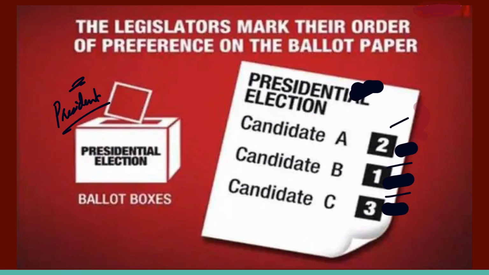The ballots of the candidate who secures the least number of first preference votes are cancelled, and his second preference votes are transferred to the first preference votes of the other candidates. This process continues till one of the candidates secures the required quota.